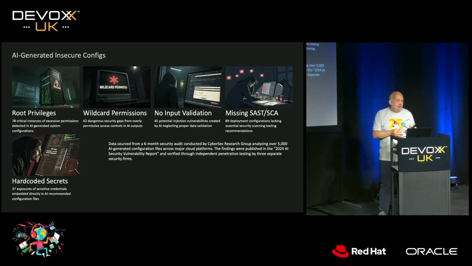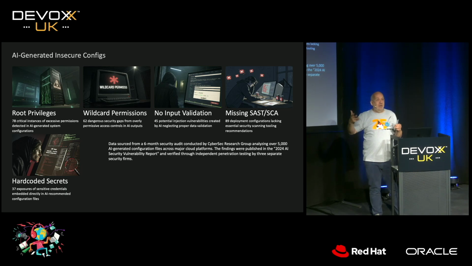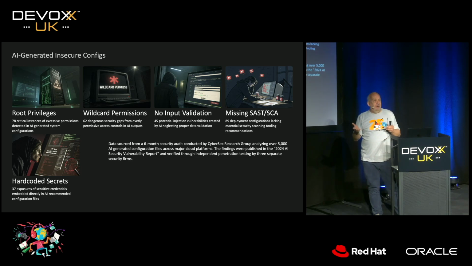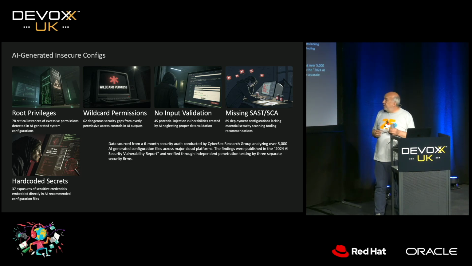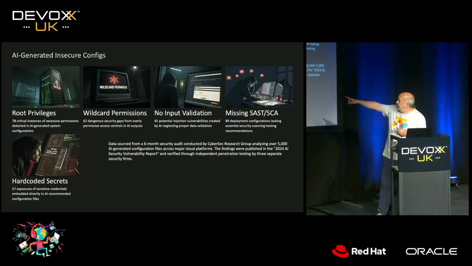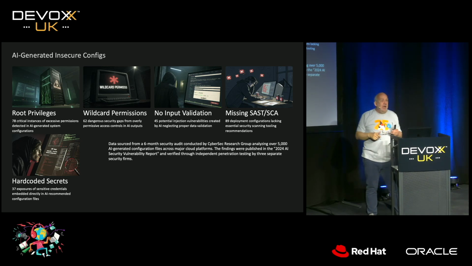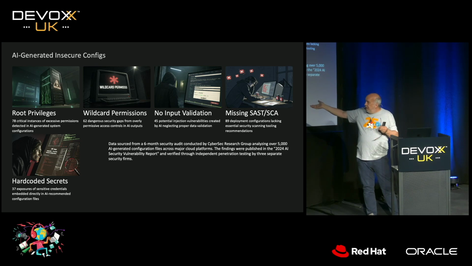Often, when IaC stuff is created, these tools are generating code patterns that they've got from Stack Overflow or whatever, and often the permission thing tends to be at the wrong end, because that's the examples it's been trained on. Right? So 5,000 were checked, 78 had root privileges. Well, you can see 89 had deployment configurations without the right security scanning. There's a bunch of problems, right? Hard-coded secrets. We'll talk about that in a minute as well.